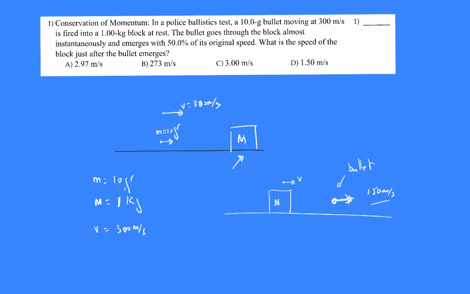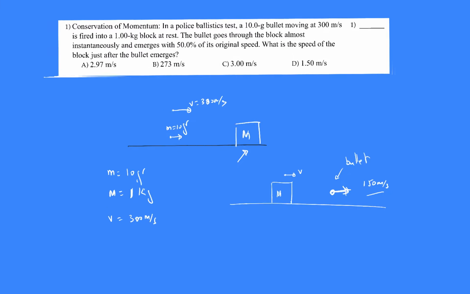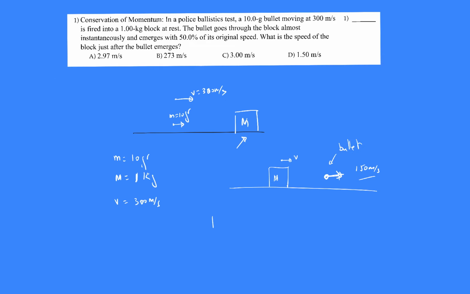This is a very interesting question, if it's moving to the right or moving to the left, because initially I have momentum, and the momentum is conserved. What is the momentum initially?